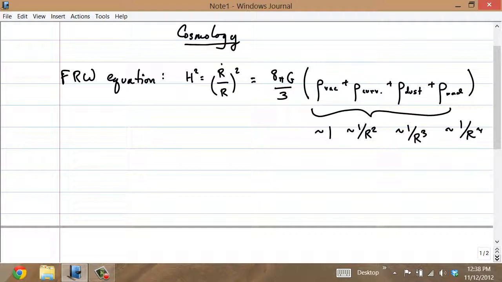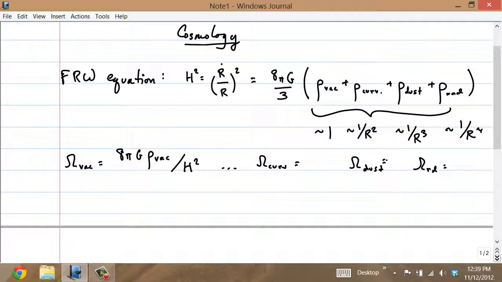And so if one rescales this equation a little bit by defining omega vacuum to be 8 pi G rho vacuum over H squared, and likewise defining omega curvature, omega dust, and omega radiation similarly, then these different omegas are simply the dimensionless quantities that are associated with the density of these different sorts of matter.